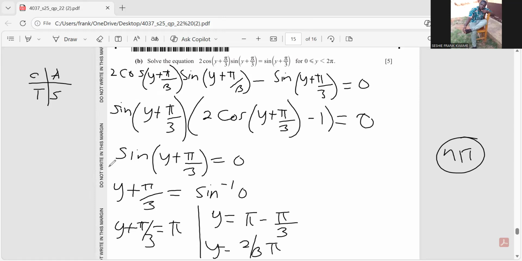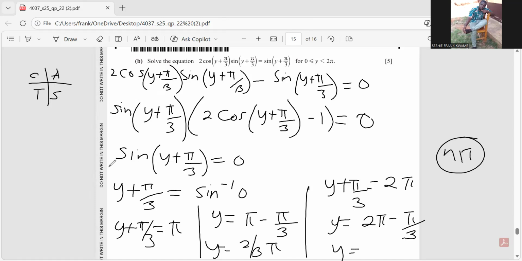So you can have 2 pi. So in that case, y plus pi/3 becomes what? 2 pi. So y is 2 pi minus pi out of 3. So that's 5 out of 3 pi.